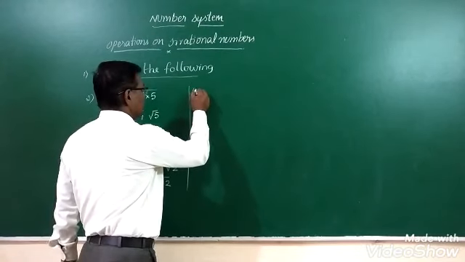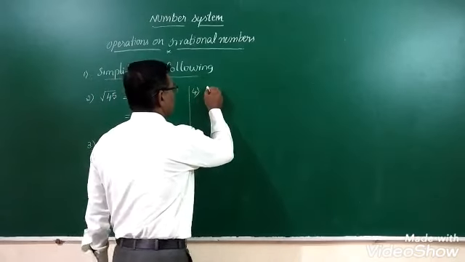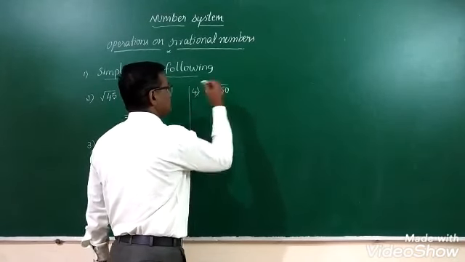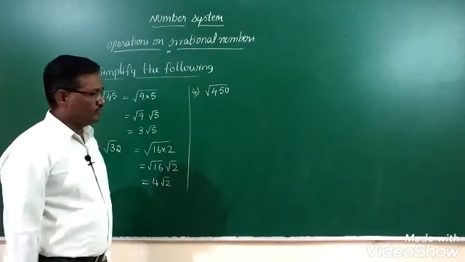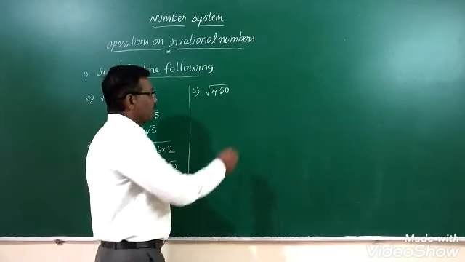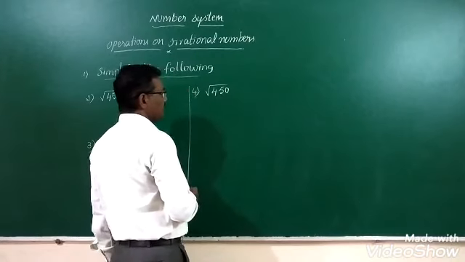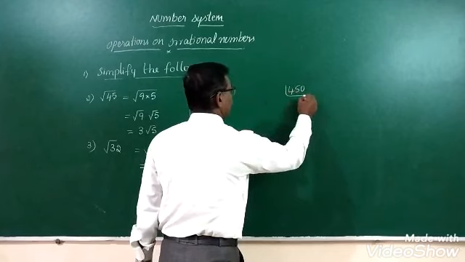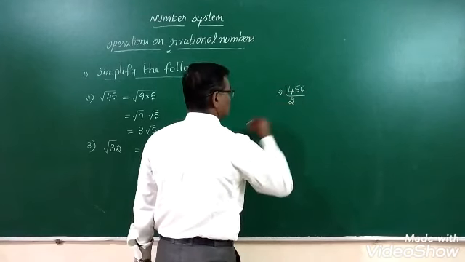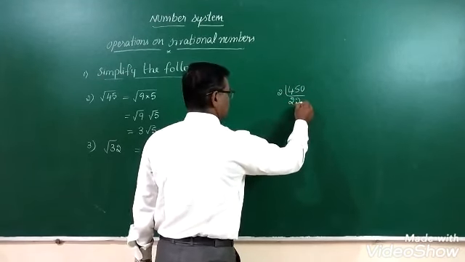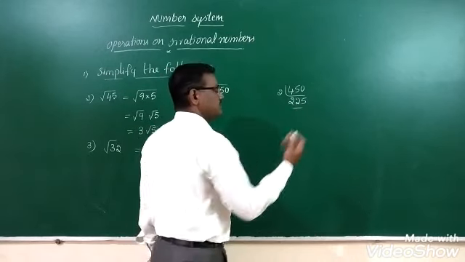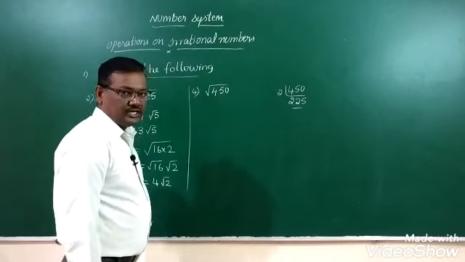So, fourth one. Root 450. Here, yes, we can simplify. 450: 2 2s are 4, 2 2s are 4, 2 5s are 10. Observe here, 225 is a perfect square, which we know.